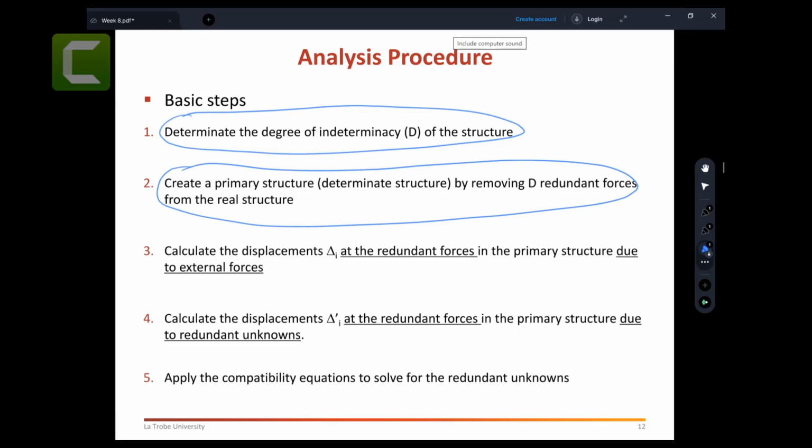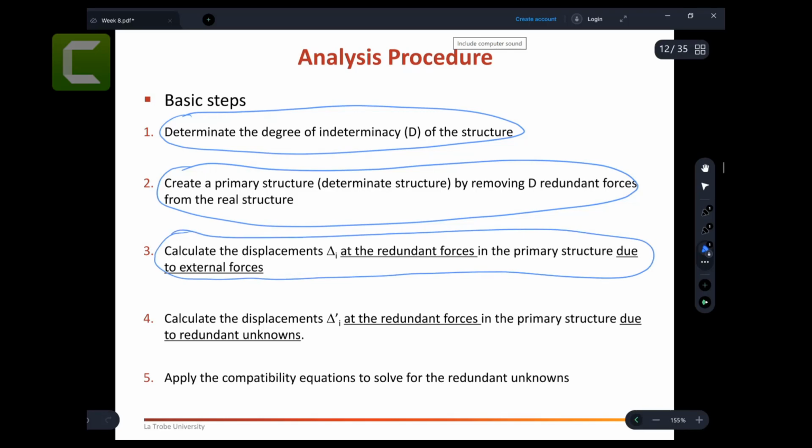Do you understand that? Primary structure means you make a cantilever, a pin support, or a roller, or remove it completely. How many you remove depends on how many degrees of indeterminacy you have. And then you calculate the displacements.